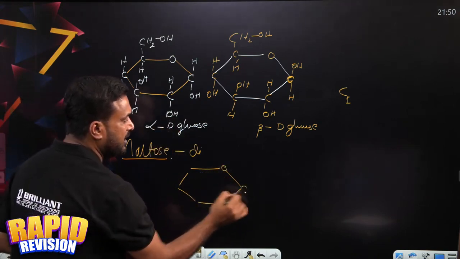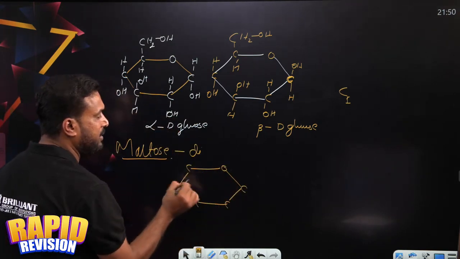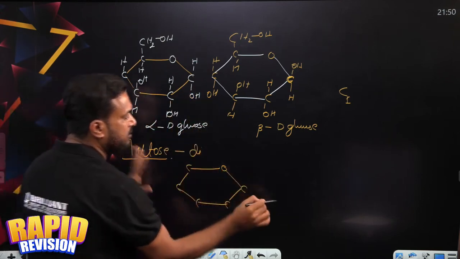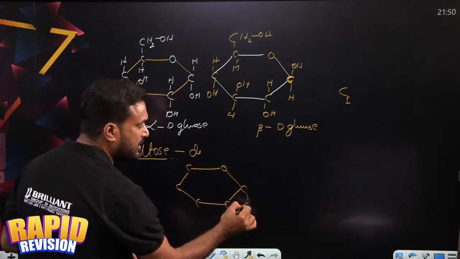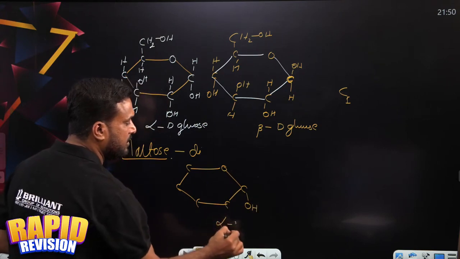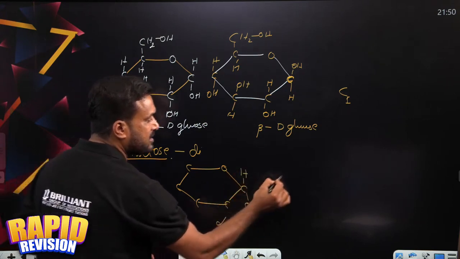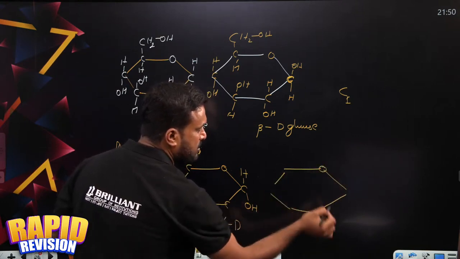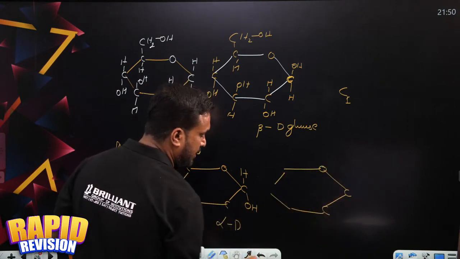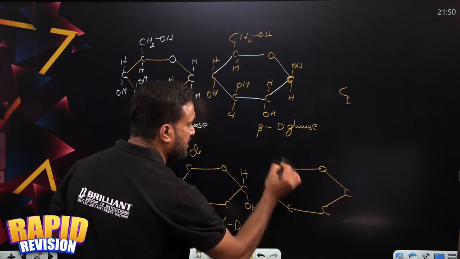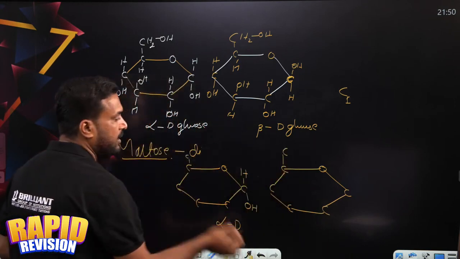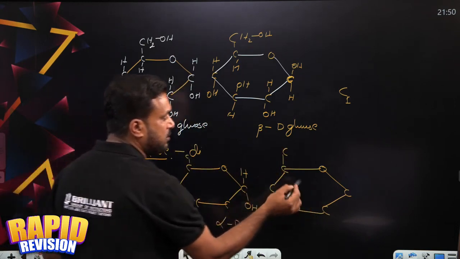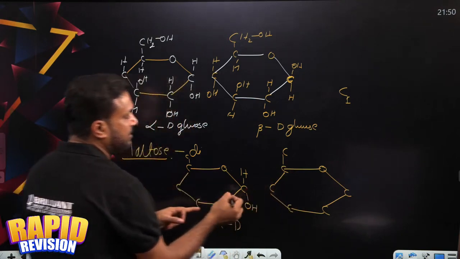Here it is oxygen, here carbon, here carbon, here carbon, here carbon. I won't draw all of these, it would be a waste of time. Keep in mind here OH is down, because it is alpha D glucose. Here H is there. I will draw another alpha D glucose of the same type. Here oxygen, here carbon, here carbon, here carbon, here carbon, here carbon, and here one more carbon. See, here the C1 is between these.